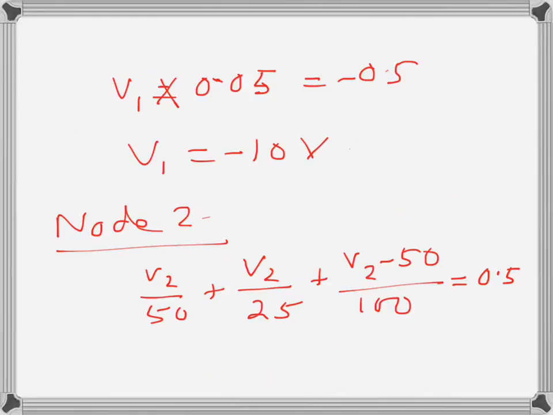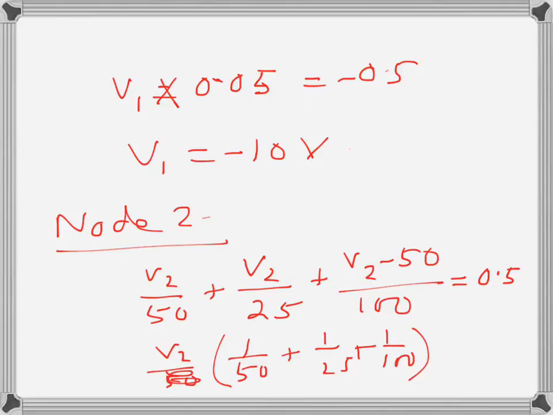So we have here V2 times 1 over 50 plus 1 over 25 plus 1 over 100, and then this one is 0.5; 50 over 100 is 0.5, negative, it goes on the other hand side, like that.